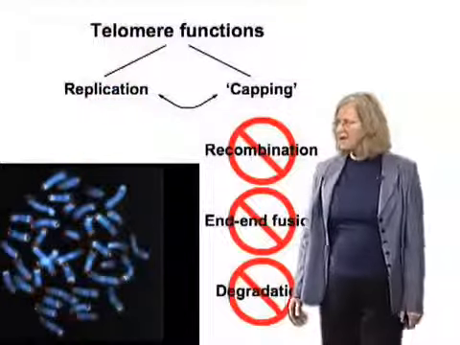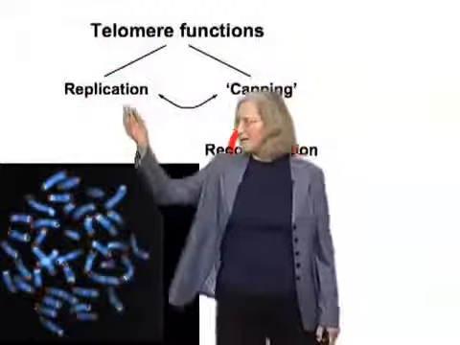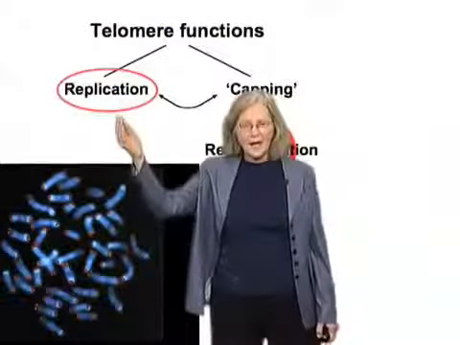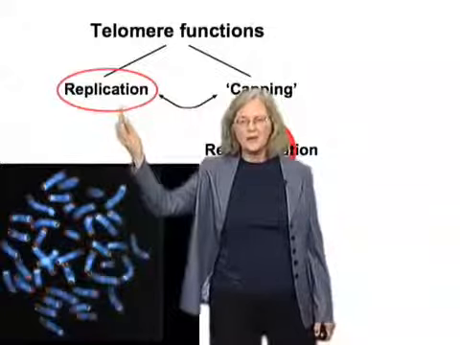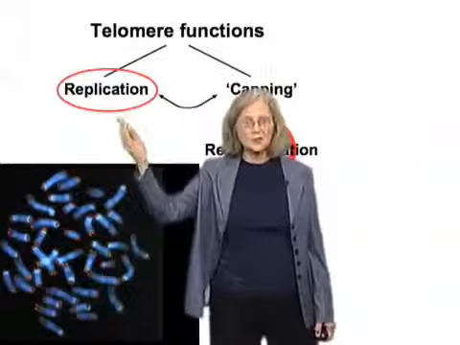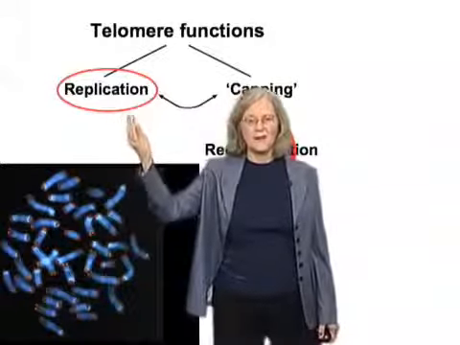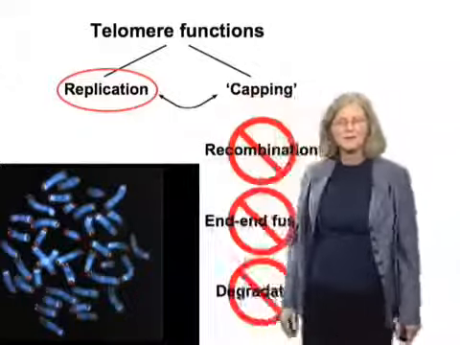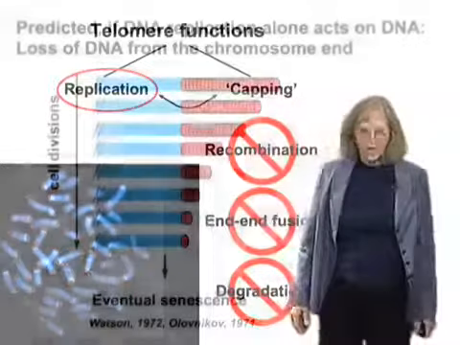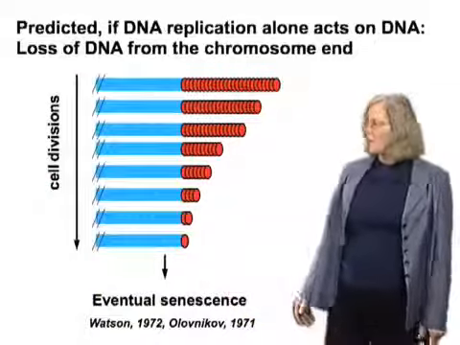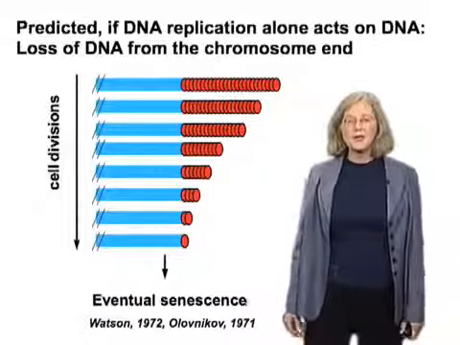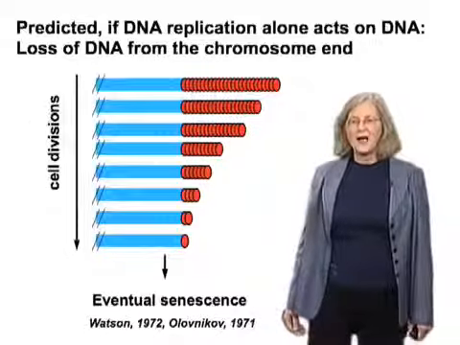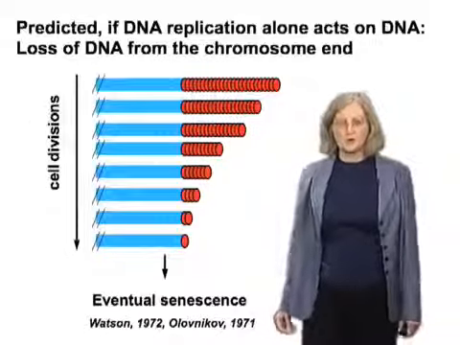The other kind of function, it's related, but we can distinguish it. The other kind of function of telomeres is that they have to allow for the complete replication of the telomeric DNA. So what's the issue here? Well, the machinery of DNA replication has a particular quirk to it.